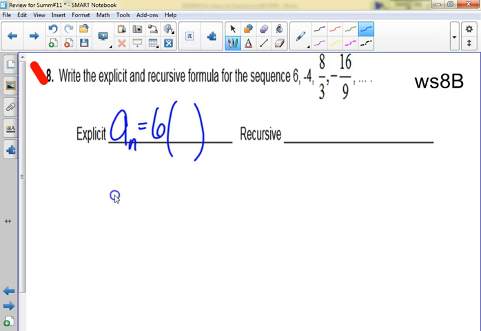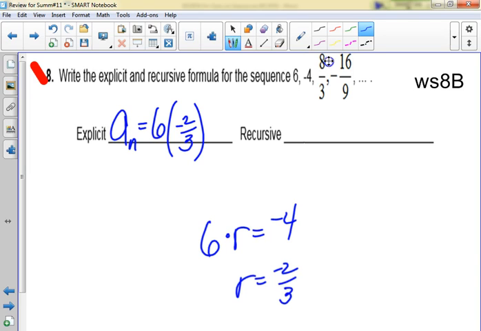We are on geometric. What are we multiplying by? How would you find that? Would say the first term was multiplied by something and became -4. So you'd get -4 over 6 or 2/3. And then you'd check and make sure that's working, right? All right, and this one gets to an n-1.